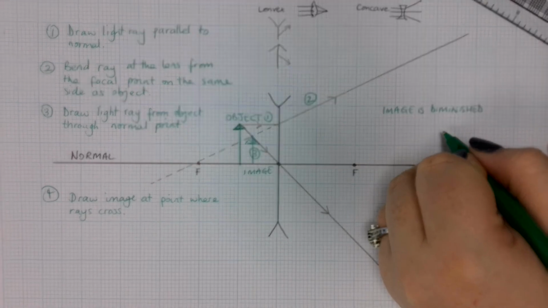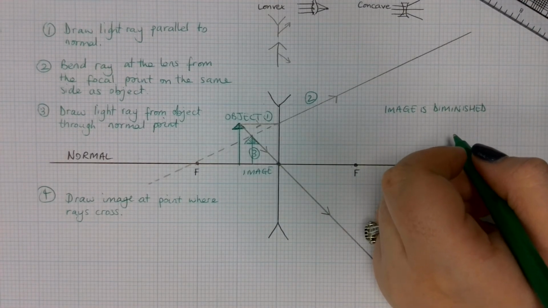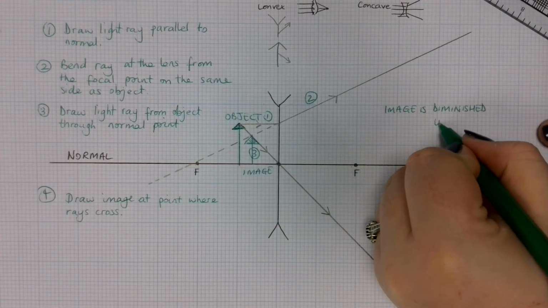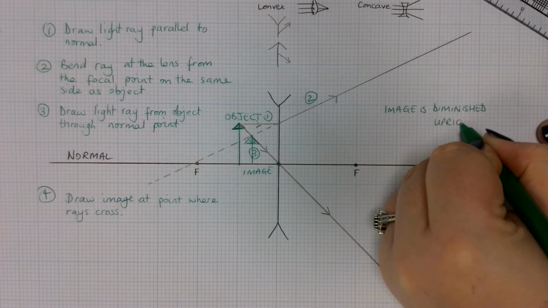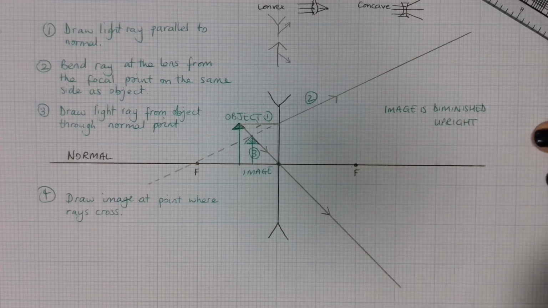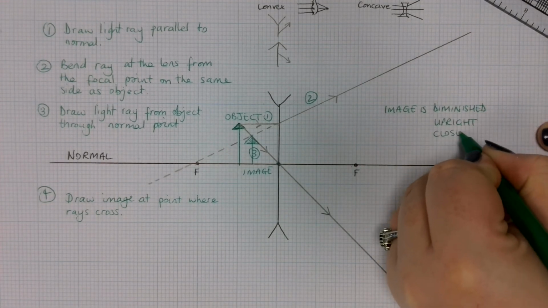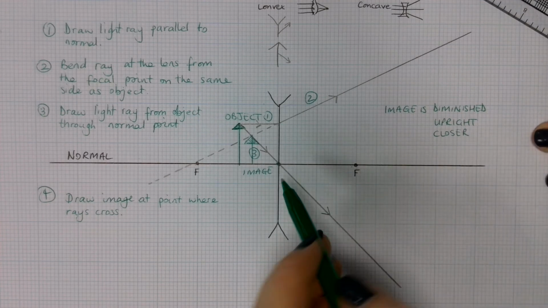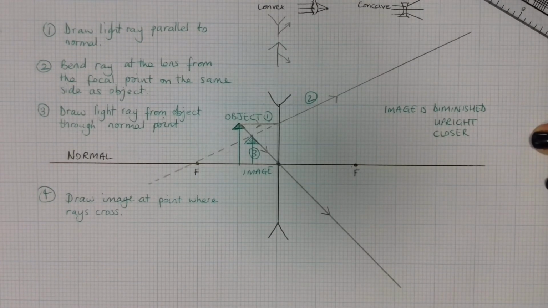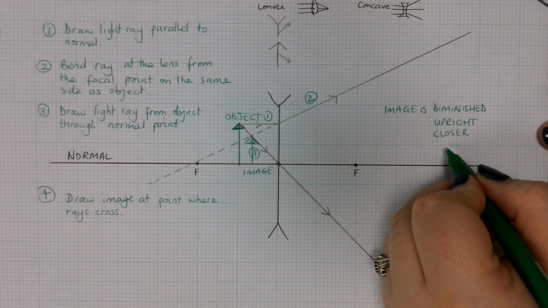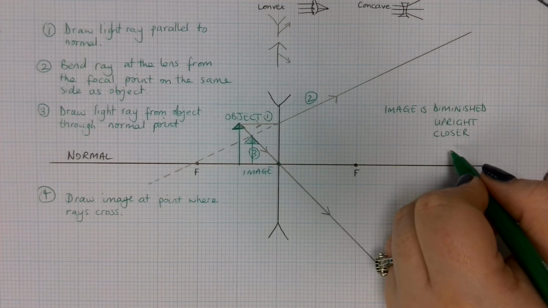Okay, what else? Is it upright or inverted? Upright. Is it? It's closer, thank you. Closer to the lens than the object was. Also, is it real or is it virtual? Because the dotted lines are virtual.